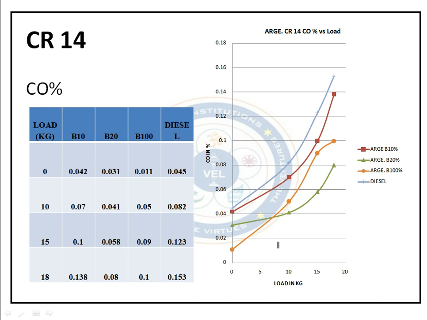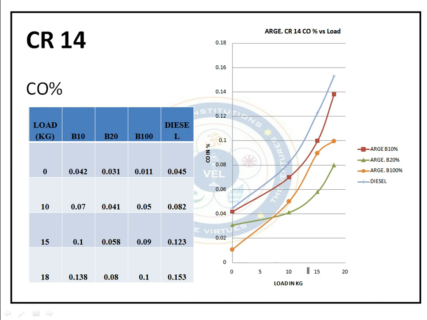That is the highest among all of B10, B20, B100. Likewise, for 10 kg of load, CO emission for B10 is 0.07, for B20 0.041, B100 0.05, but for the diesel 0.082. Again we have the highest emission of CO in diesel.